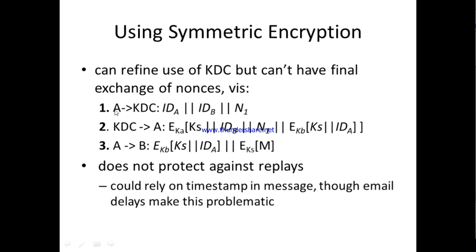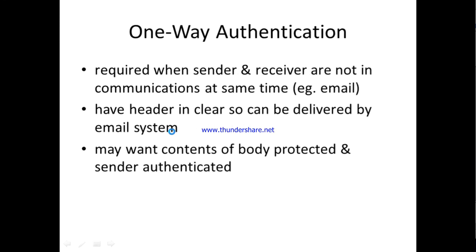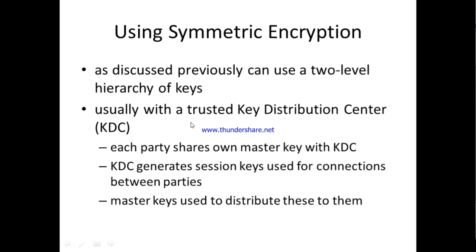We are going to perform the authentication of the sender itself, so we are not going to bother about the receiver's authentication. A to KDC: it sends the ID of A, the ID of B and a nonce. KDC to A: it encrypts with the master key, KS, ID of B, and the same type of message, as we have seen before.